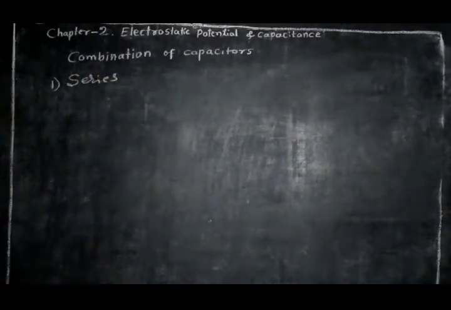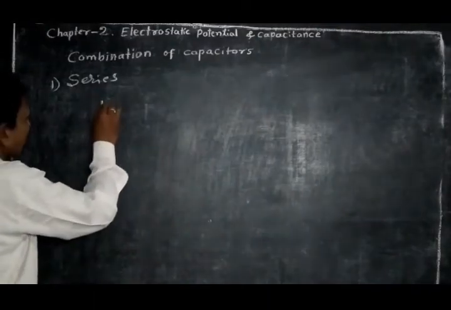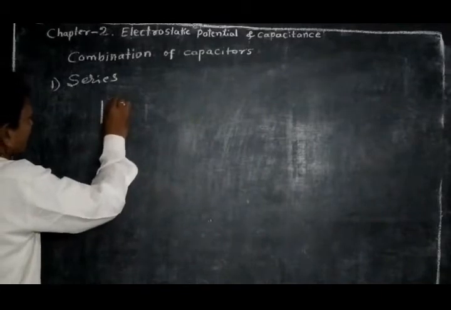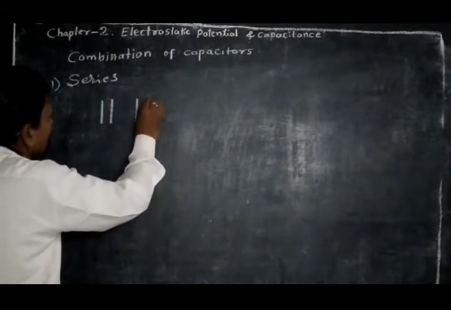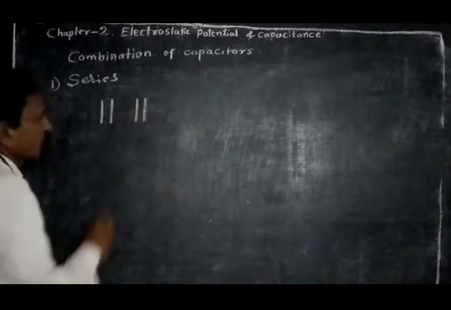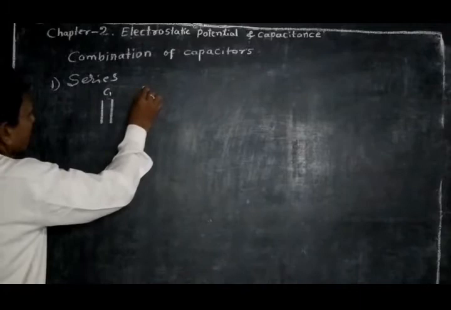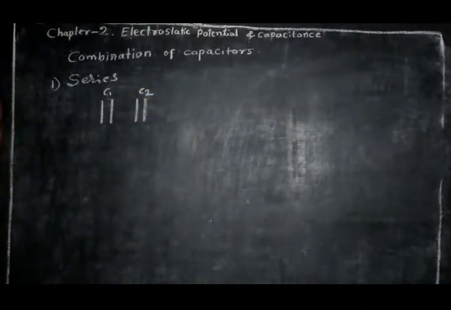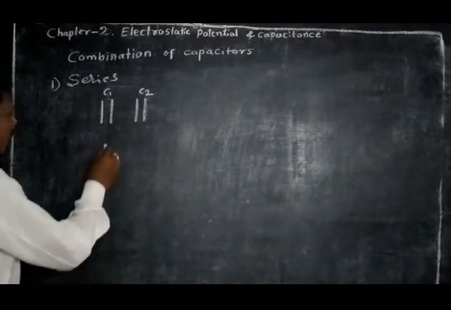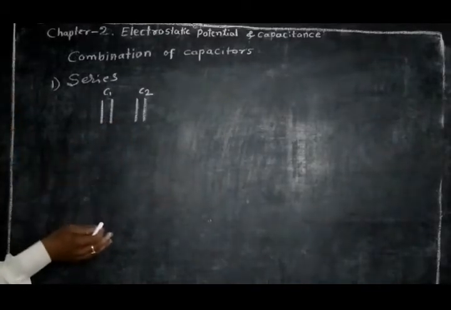Series combination of capacitors. Consider two capacitors of capacitances C1 and C2. Let C1 and C2 be the capacitances of two capacitors, and they are connected in series.